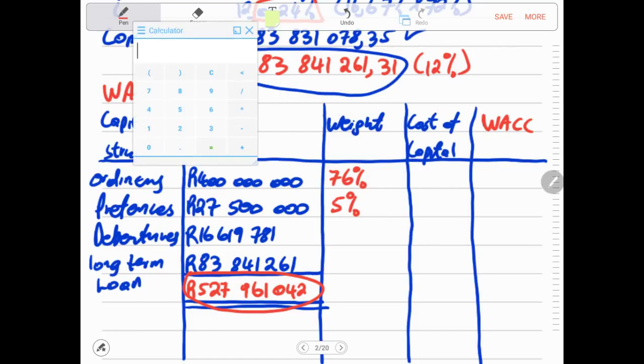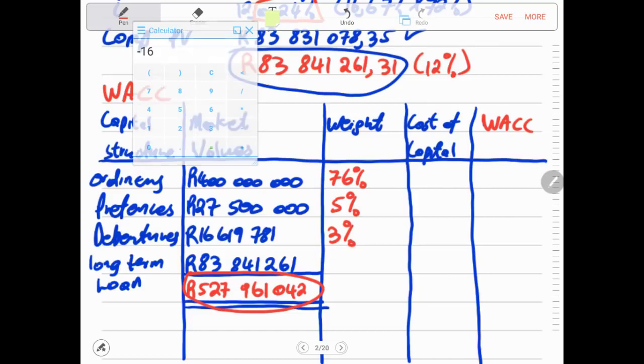The third one is 16,619,781 divided by 527,961,042. Then this gives me 3%, times it by 100 to confirm. So this is 3%.